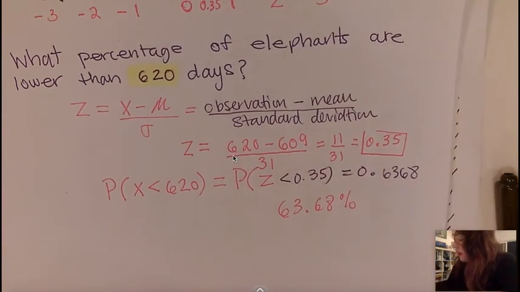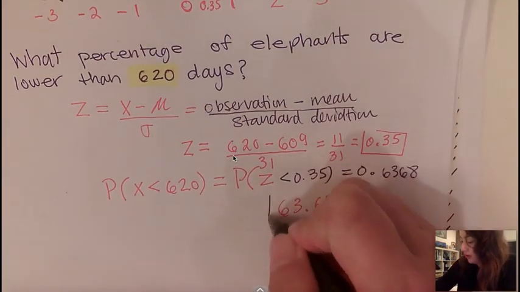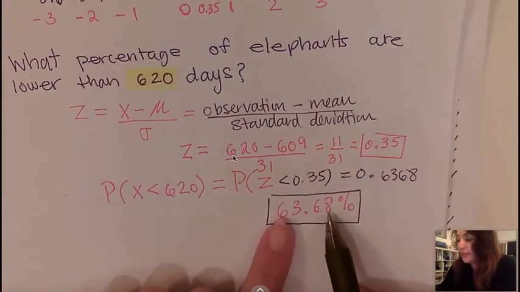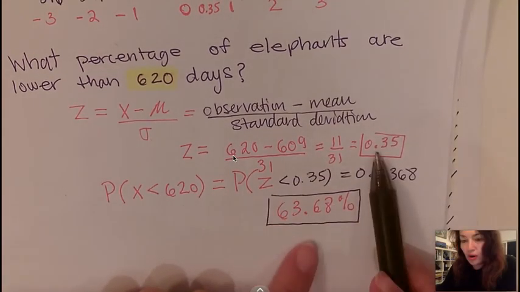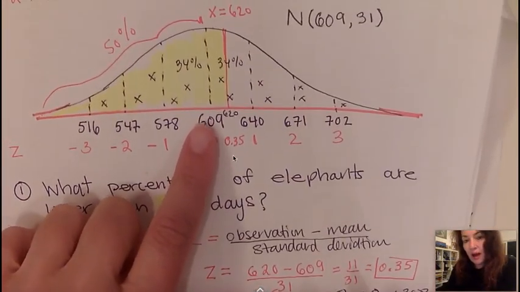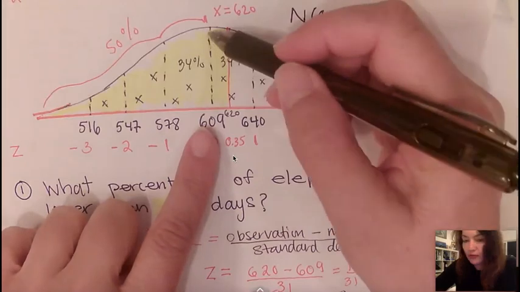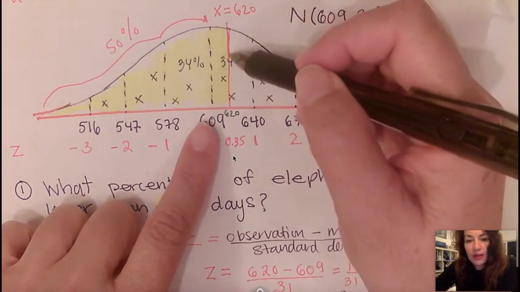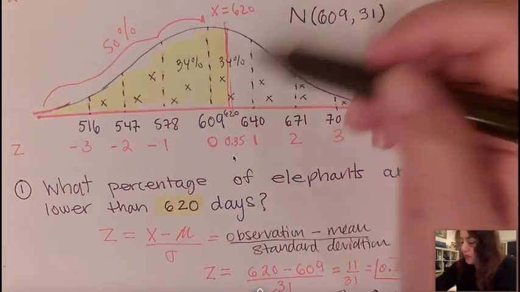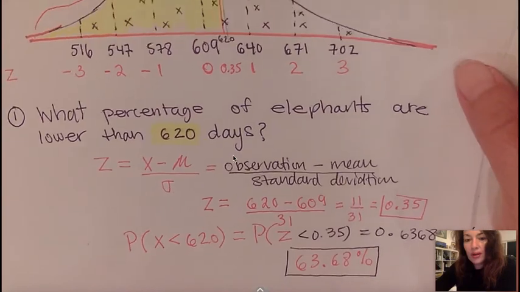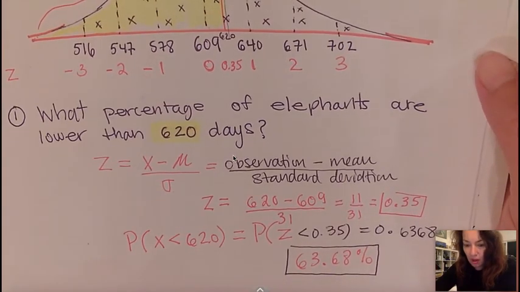So that is our area under the curve, and we wish to find an area that is less than a z-score of 0.35. So looking here, let's see if that makes sense. I think that makes sense because we know from here to here is 50%. So all the way to 620 would be 63.68%.